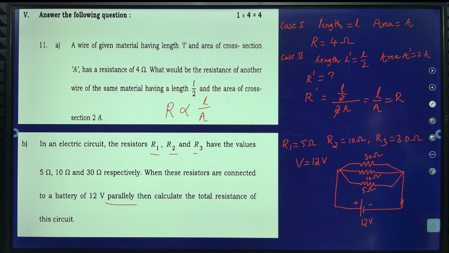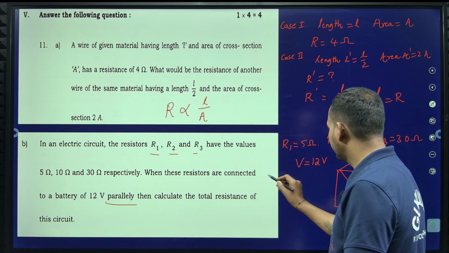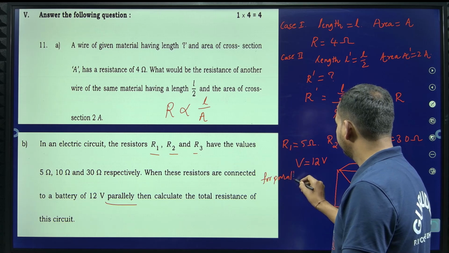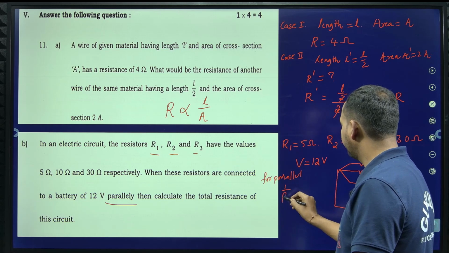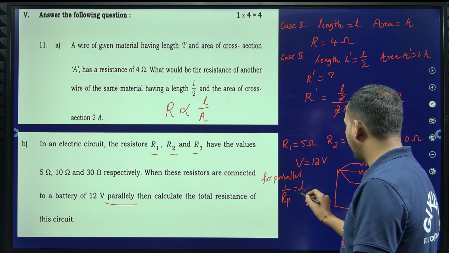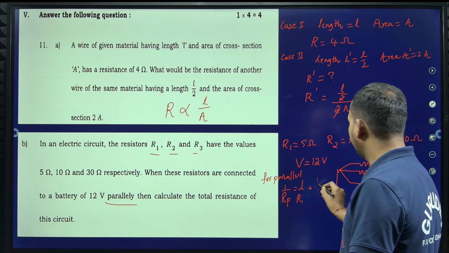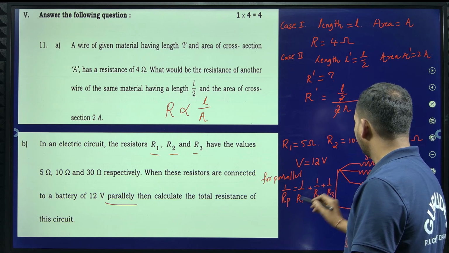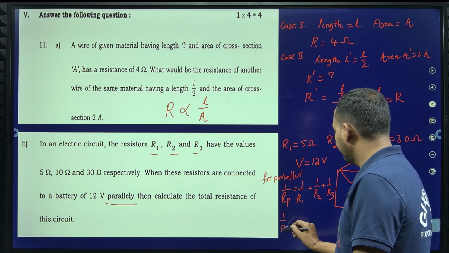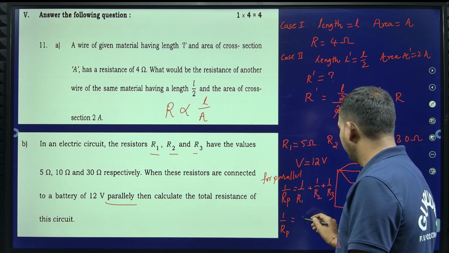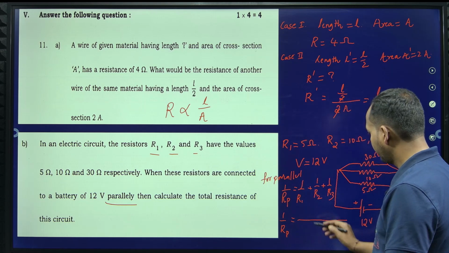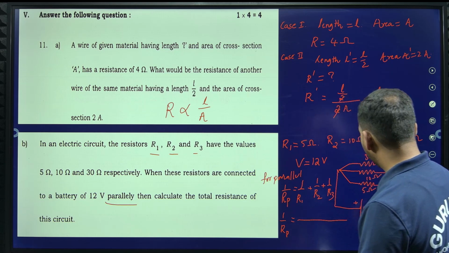Now what is the net resistance you need to calculate here? For parallel, you can write 1 by Rp is equal to 1 by R1 plus 1 by R2 plus 1 by R3. So you can calculate this one.